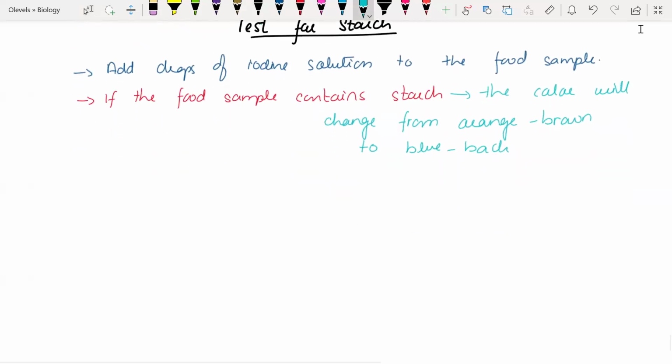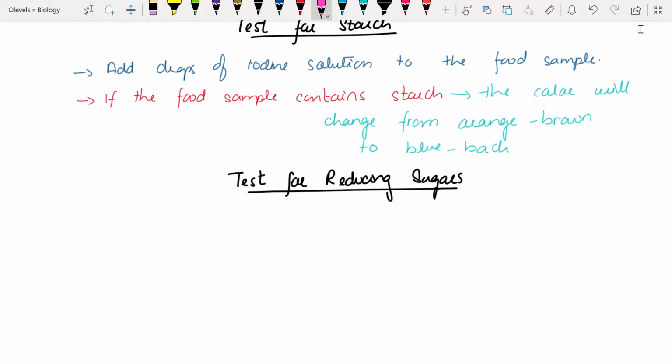Then comes the test for reducing sugars. In this case, you have to add Benedict solution into a test tube that contains the food sample.